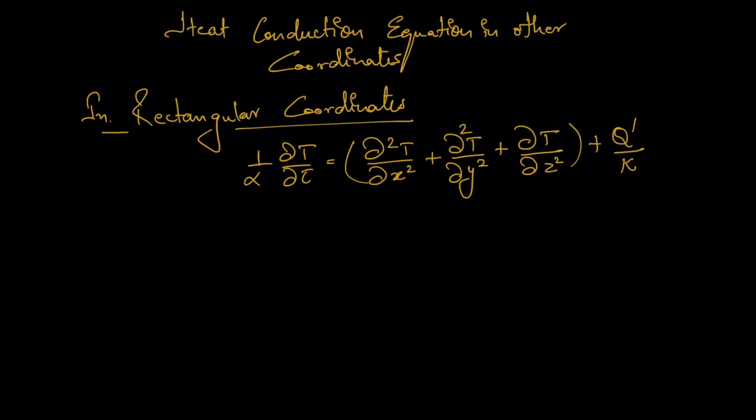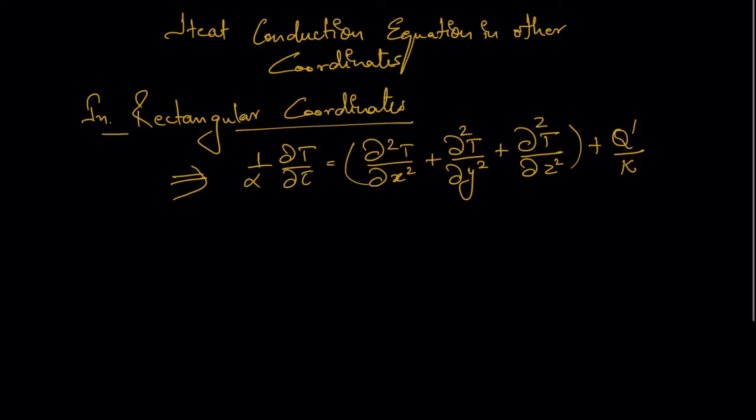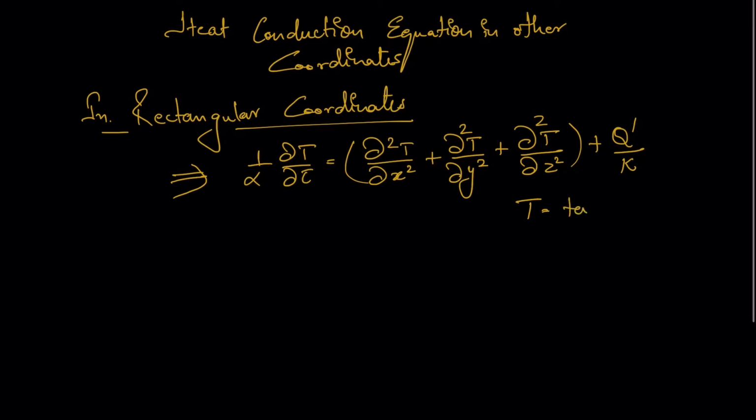This was the equation we developed: 1 by alpha del T by del tau equals del square T by del x square plus del square T by del y square plus del square T by del z square plus q dash by k, where q dash is the rate of heat generated per unit volume, T is the temperature, tau is the time, alpha is the thermal diffusivity.